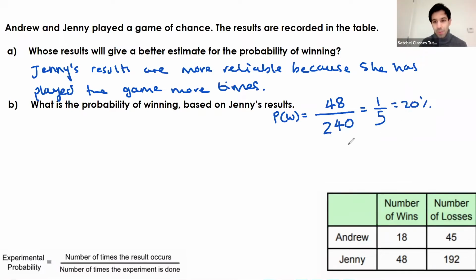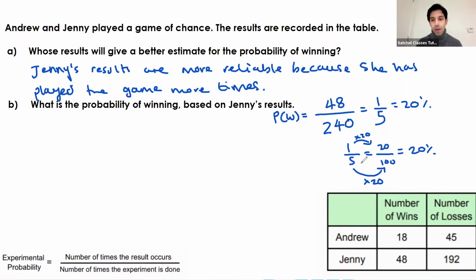And you can convert this by, if we think about 1/5, we want to rewrite this as an equivalent fraction out of 100. So 5 times 20 will give us 100, 1 times 20 will give us 20. 20 per 100 is equal to 20%.